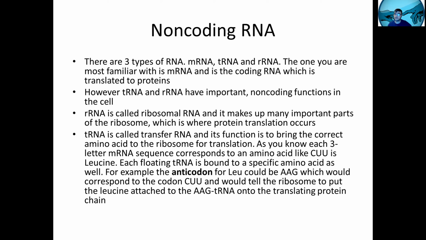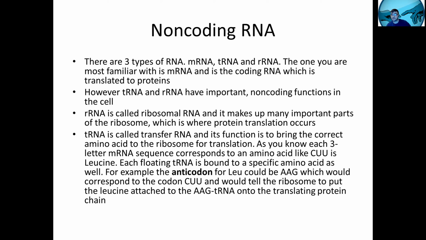The ribosome is essentially the machine that turns RNA into proteins. So rRNA is an important component of the ribosome. The details you don't really have to know, but just know that it's a component of ribosomal RNA.